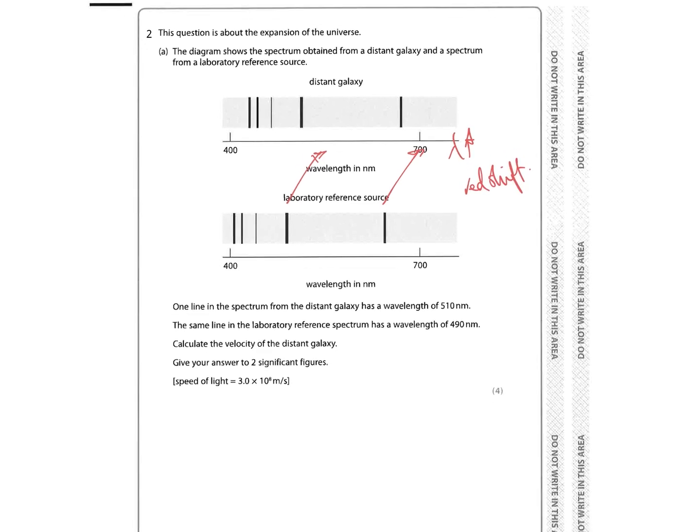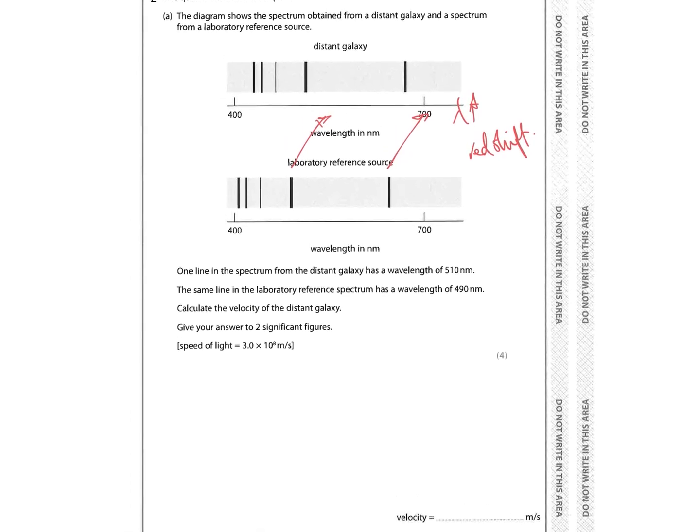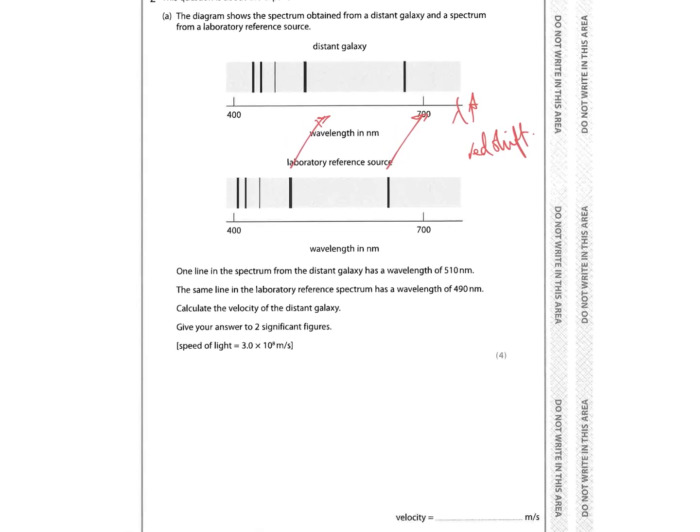So the question asks, we have one of the lines sitting at 510 nanometers. The same line in the laboratory frame is 490 nanometers, so calculate the velocity.